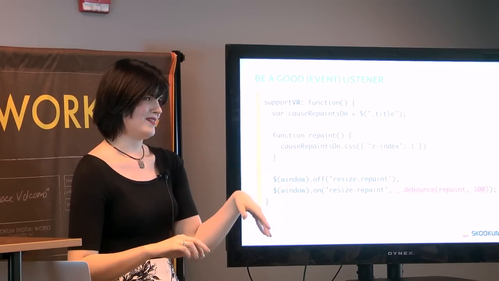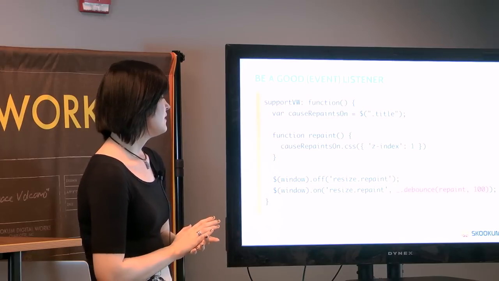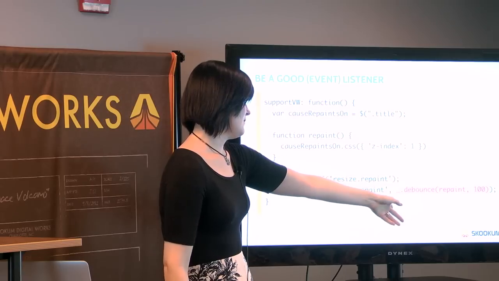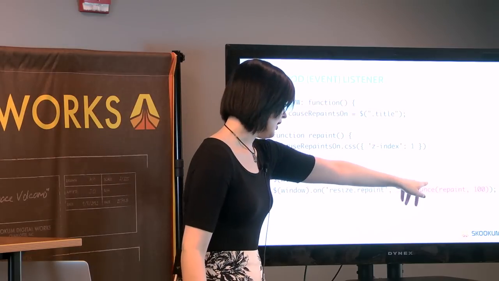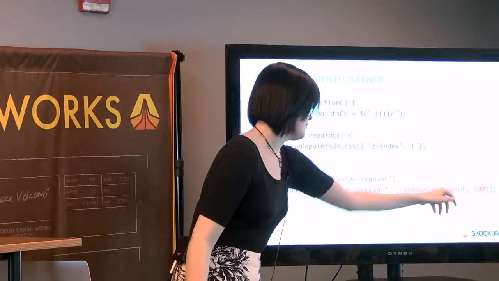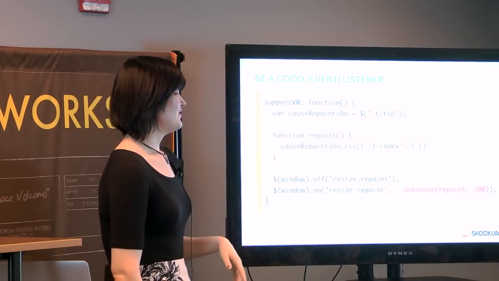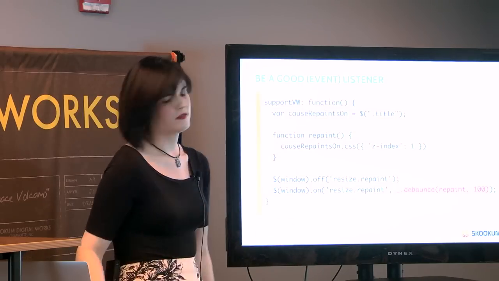It just really cares about where you end up. So what I'm doing here is called debouncing my resize event. There's a delay before this is called, 100 milliseconds right there, and this just prevents my function from being run unnecessarily.